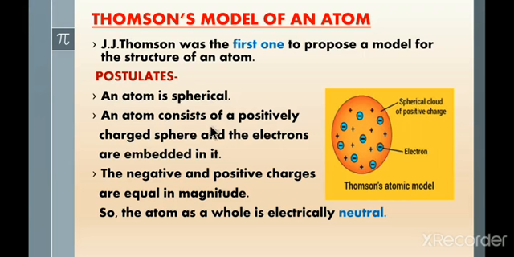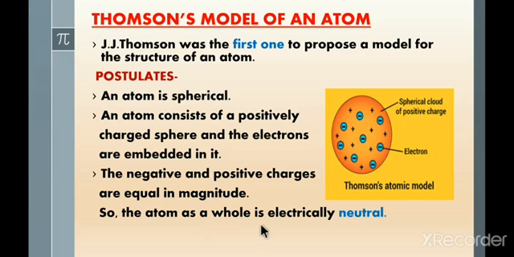Number 2, an atom consists of a positively charged sphere and electrons are embedded in it here and there. Number 3, which is very important, the negative and the positive charges are equal in magnitude. It means an atom has an equal number of electrons and protons.